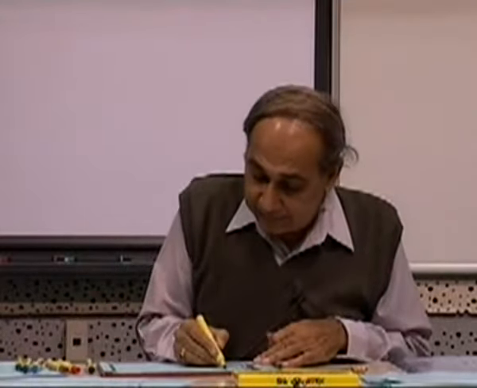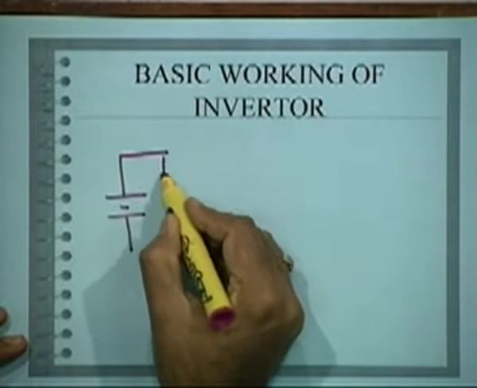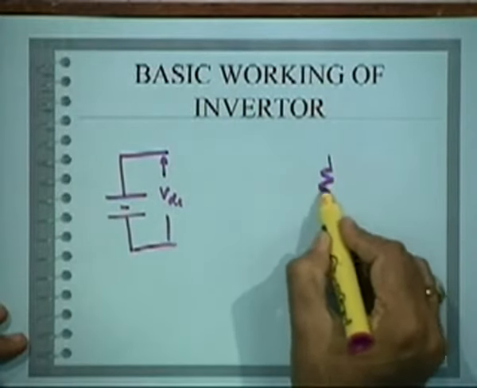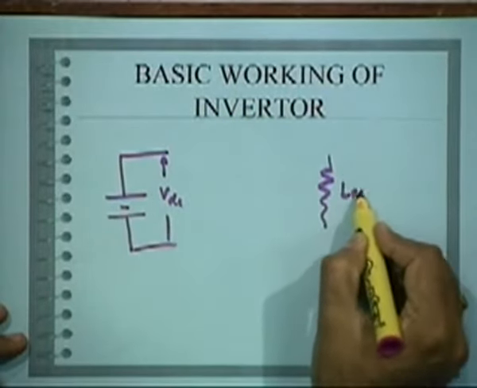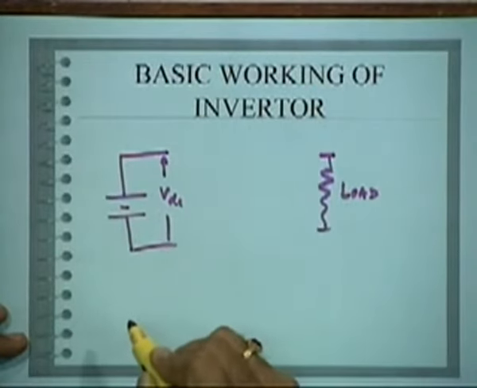An inverter is like a rectifier, which rectifies from AC to DC, while an inverter changes from DC to AC. Now how will it happen? So you have a DC source, and you have a load, and across this you want AC, right?